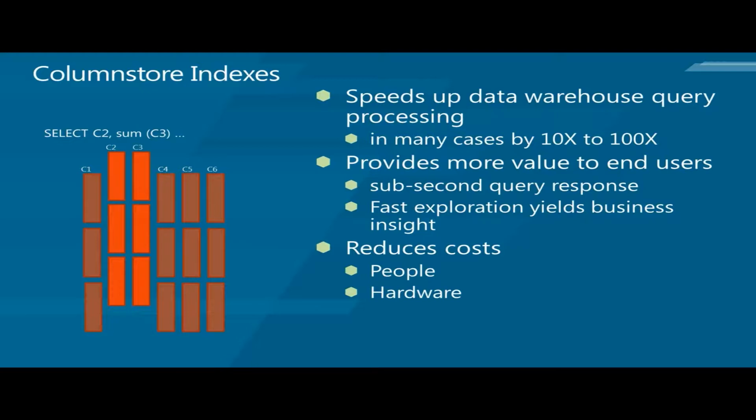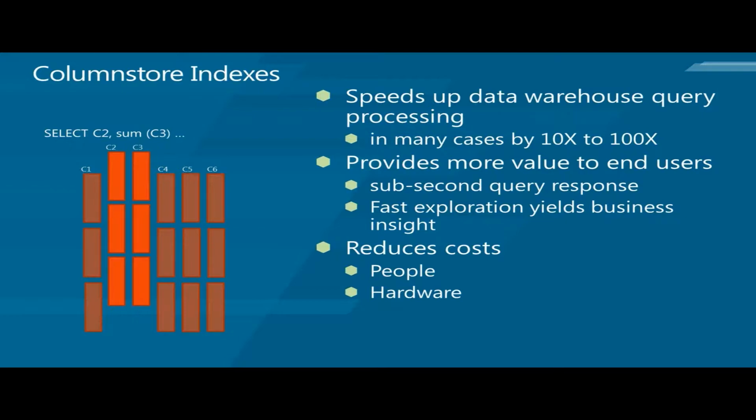In addition, the data in a column store index is highly compressed. So we have achieved compression ratios anywhere from like 4:1 to 15:1 compared to an uncompressed row store-based table. When I say row store-based table, I mean either a heap or a B tree.